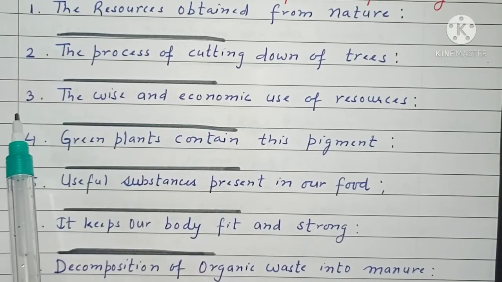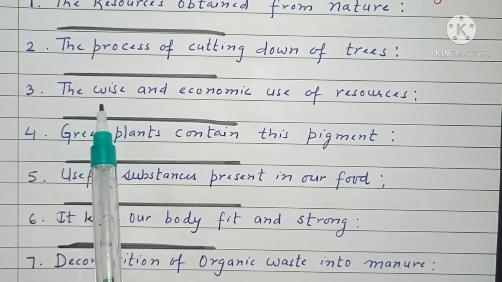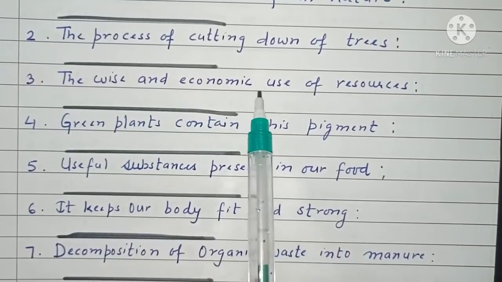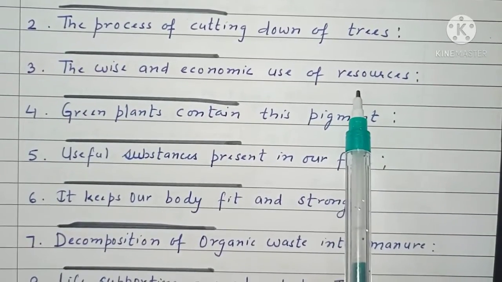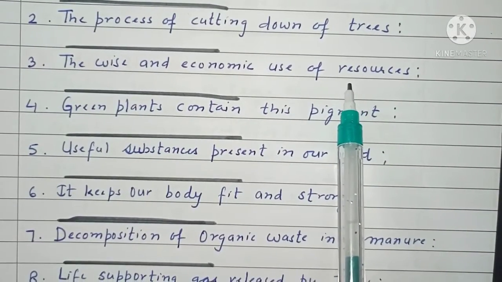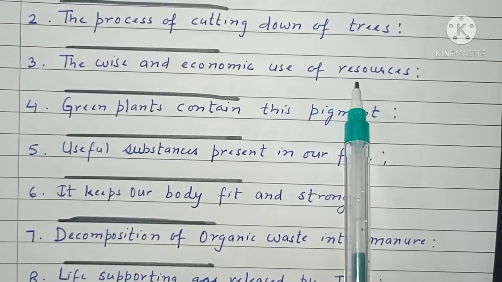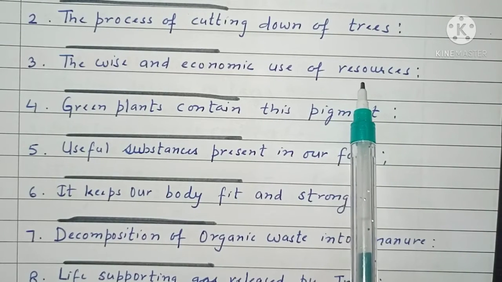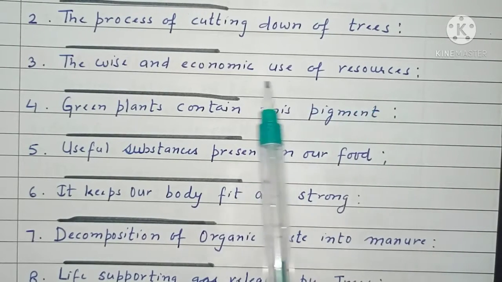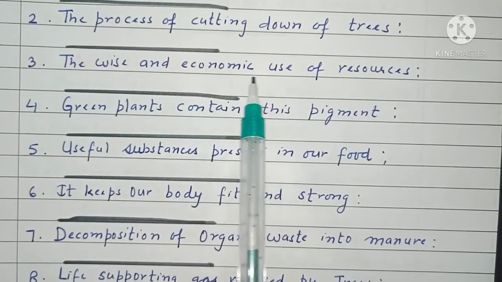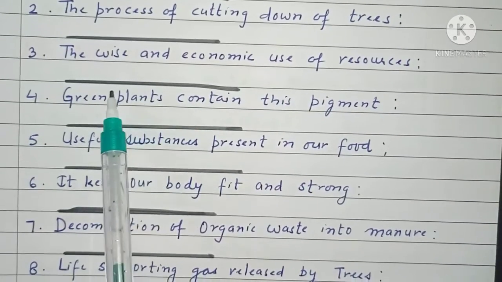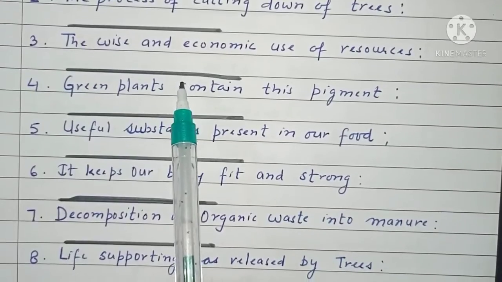deforestation. Number 3, the wise and economic use of resources. The use of resources of all types, whether they are renewable or non-renewable. So, their wise and economic use is termed as conservation.